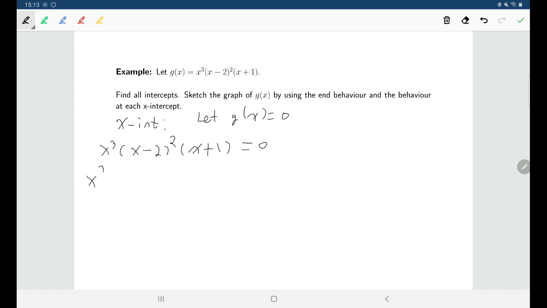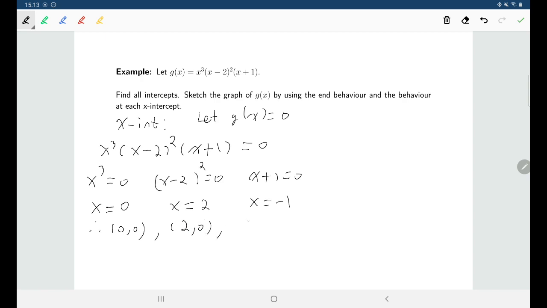That means x cubed is 0, or (x minus 2) squared is 0, or x plus 1 is 0. And we can come up with our x-intercepts of 0, of 2, and of -1. Okay, so that's the first part. Our x-intercepts are (0, 0), (2, 0), and (-1, 0).